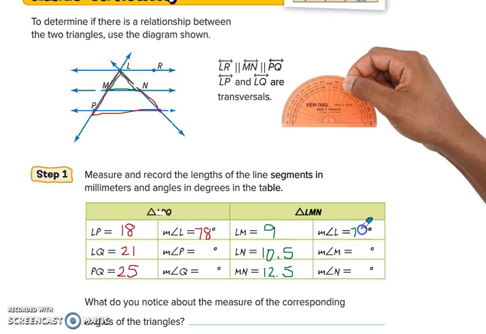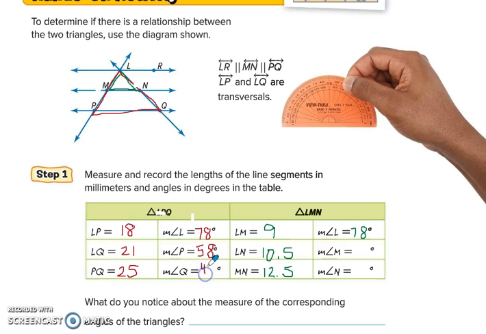Now to jump back to the big triangle LPQ, the measure of angle P in the bottom left corner is 58 degrees. The measure of angle Q, the bottom right angle, is 44 degrees.